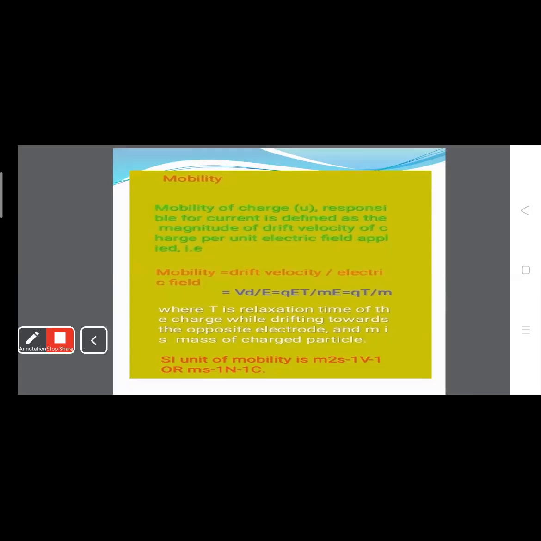Now, what is the SI unit of mobility? SI unit of mobility is meter square per volt second. It is always positive. Clear?